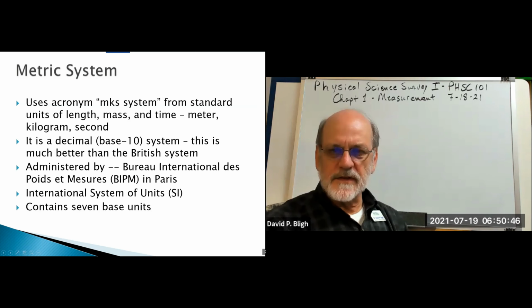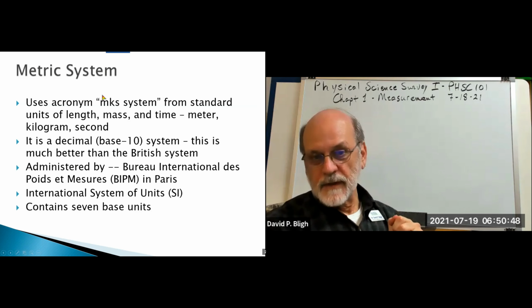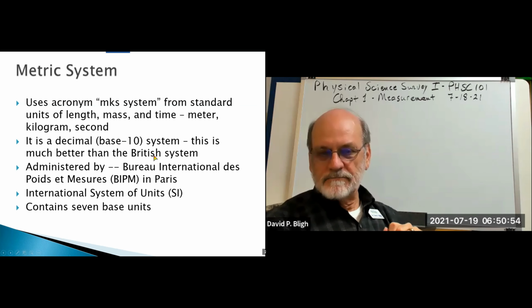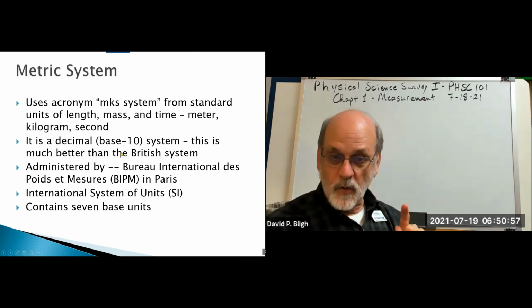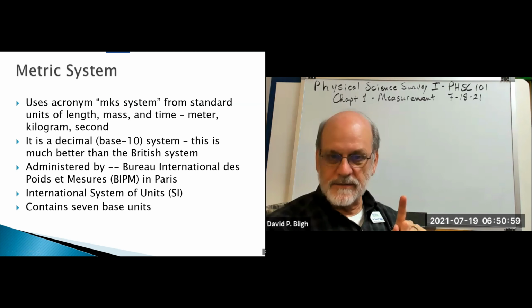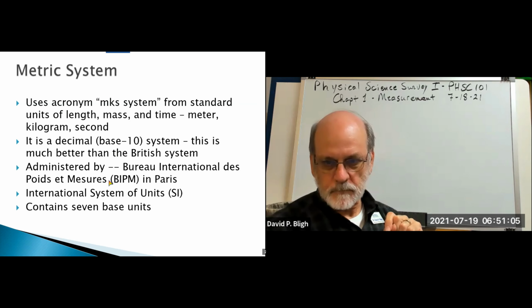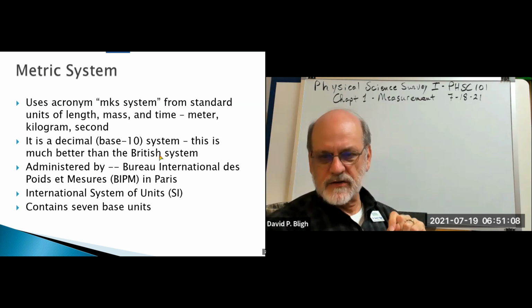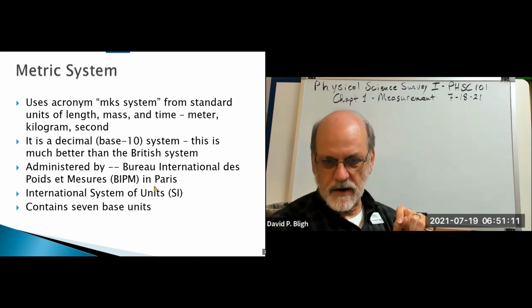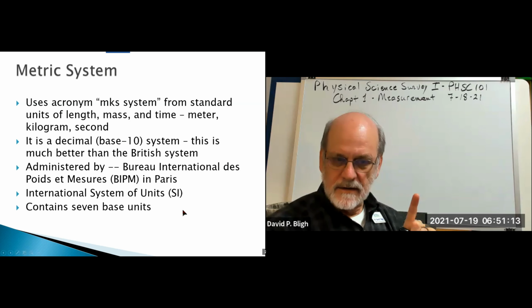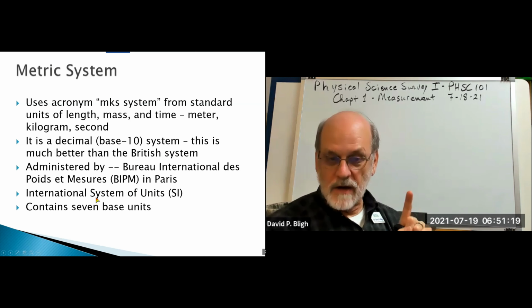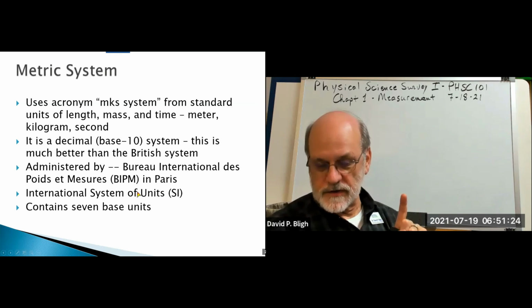So the metric system is sometimes known as the MKS system, for meter, kilogram, second. And like I said before, the beauty of the metric system is that it's base 10. It's a decimal system. It's administered by this bureau in Paris, but the standards are set in terms of the International System of Units, SI units.